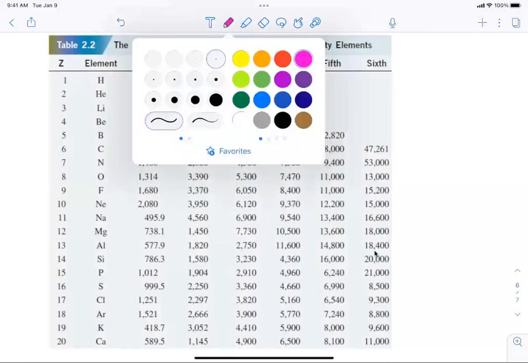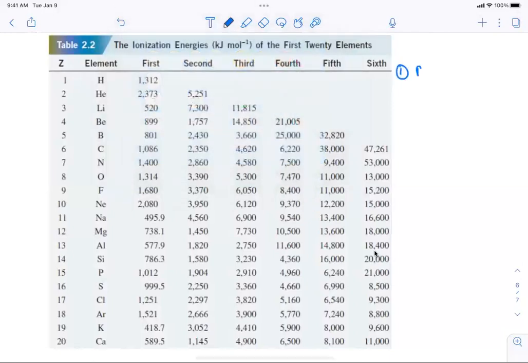One, it proves existence of energy levels in a couple different ways. If you notice, especially in the first ionization energy levels, you notice a pattern here, right?